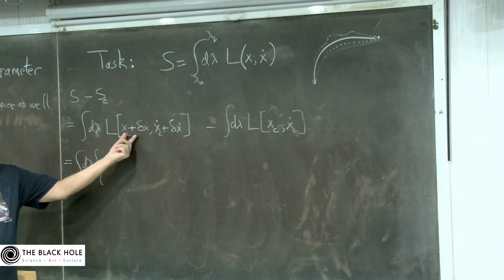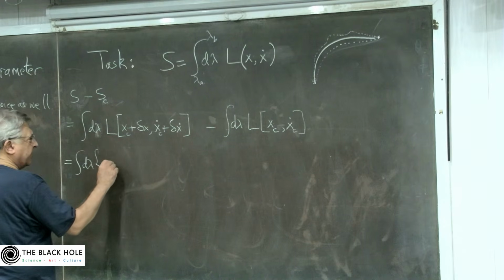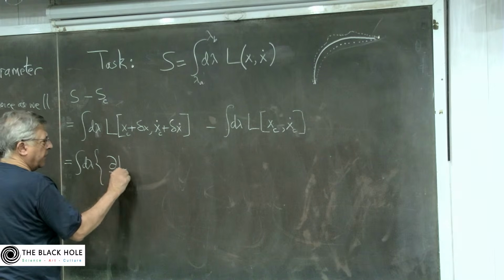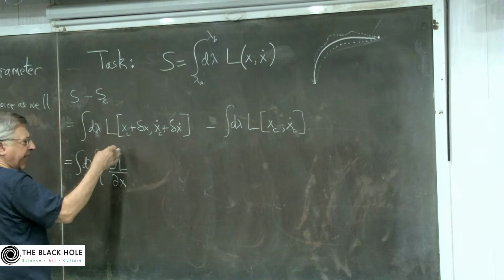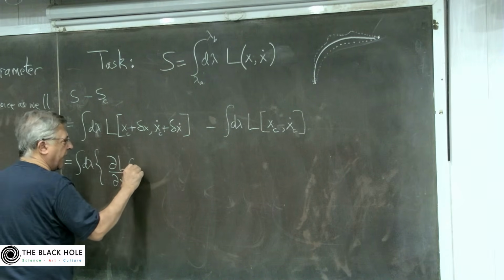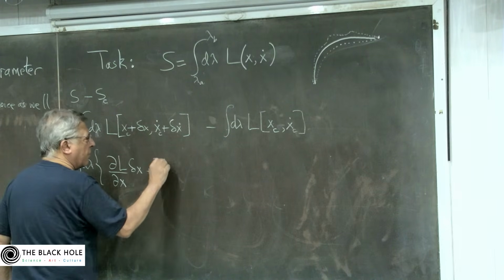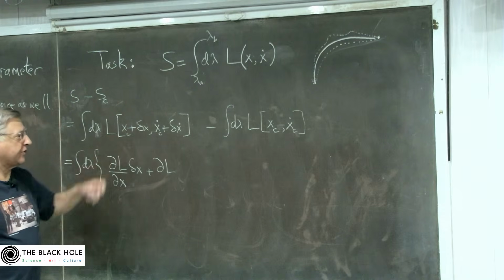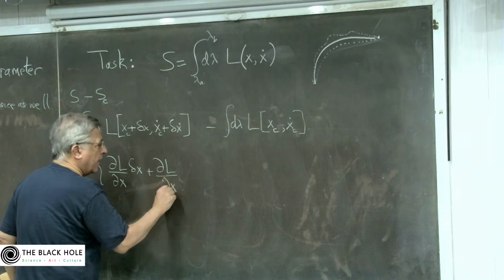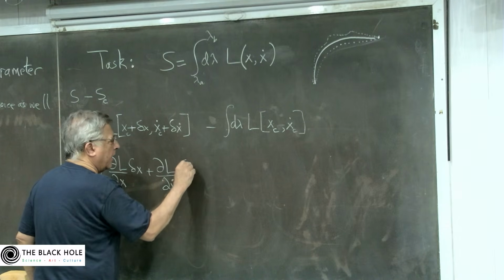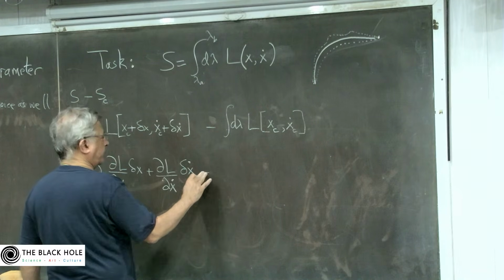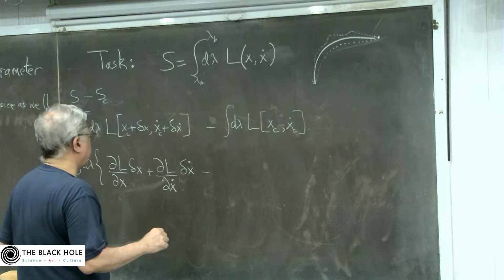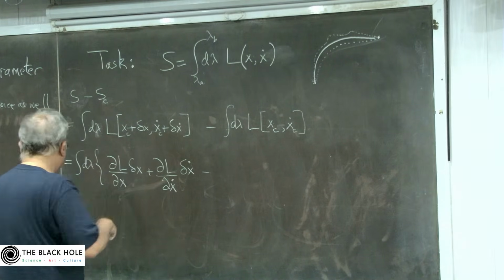If I have shifted this by a small amount delta x, then this is dL by dx, and this is evaluated at x equals xc, delta x, plus how, I see L depends upon x dot as well. Oh, sorry.